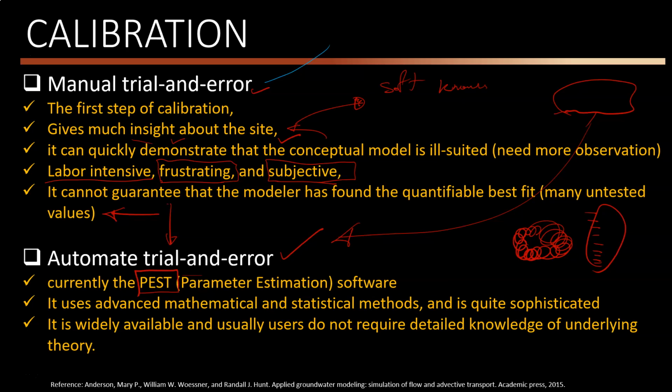He spent a life on it, and if I'm not wrong, it might be a 30 years effort of John Doherty to create a very advanced and sophisticated model known as PEST, which is freely available. It's open source software.